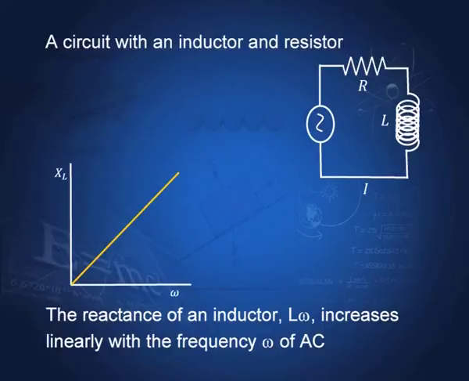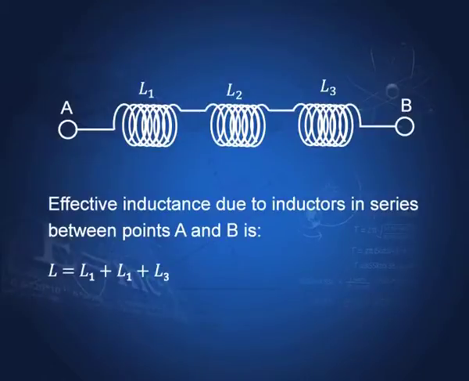The reactance of an inductor, L omega, increases linearly with the frequency omega of the AC. This is the resistor, this is the inductor. These are the symbols, and this is a symbol for the varying current, varying voltage.